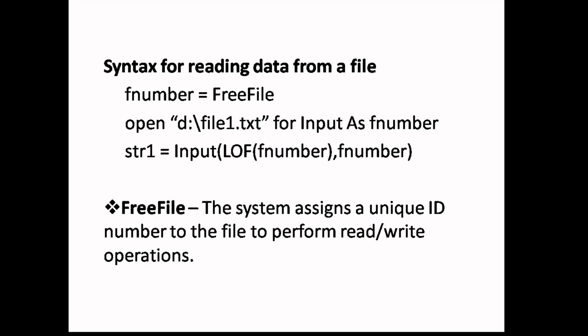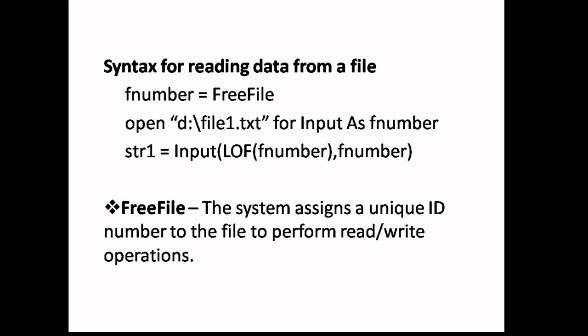It takes two parameters. First one is LOF, which represents length of file. Length of file represents the entire file contents you are going to read from the file. So length of file means the total number of bytes already stored in the file.